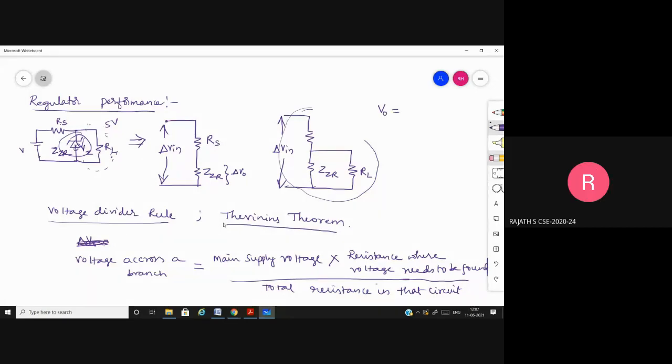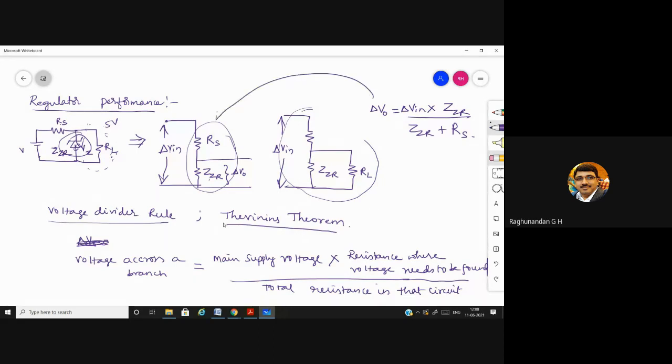So V output is equal to V in into ZZR divided by ZZR plus RS, because here the total resistance is RS plus ZZR. And we want to find the voltage across this, and this is the input supply. If the input supply is varying, put delta. So obviously when the input supply is fluctuating, there will be some small change in the output voltage also. Now this is the equation with respect to this circuit.